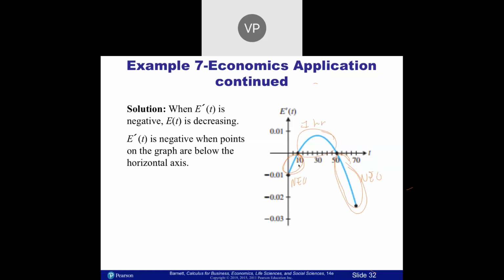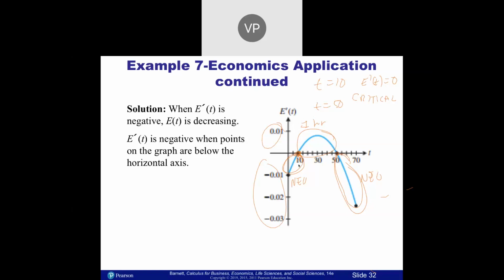It's what's the value of the derivative. Okay, so I'm going to focus on these points. Because at 10 and 50, when t equals 10, our derivative, E prime of t, is 0. What this means is this is critical. Same thing when t is 50. These are critical points.